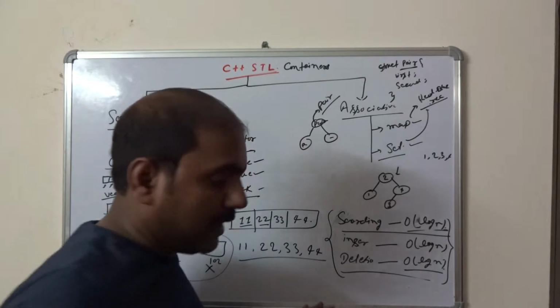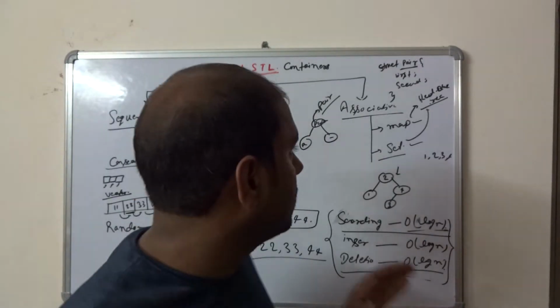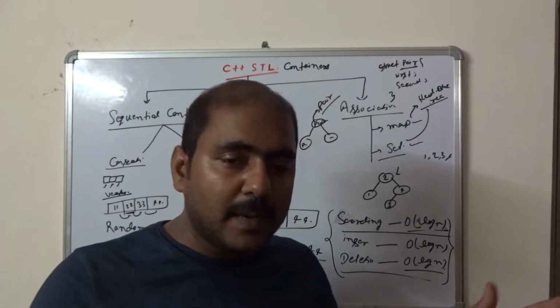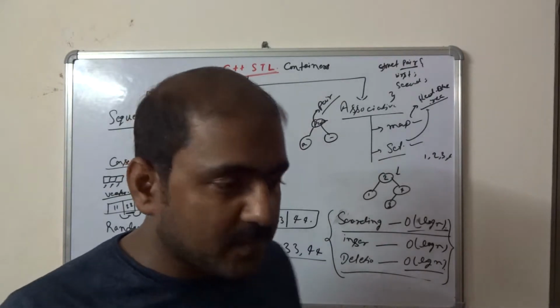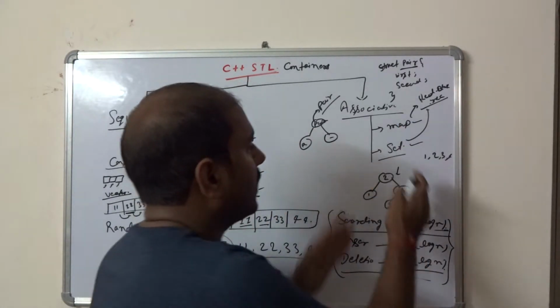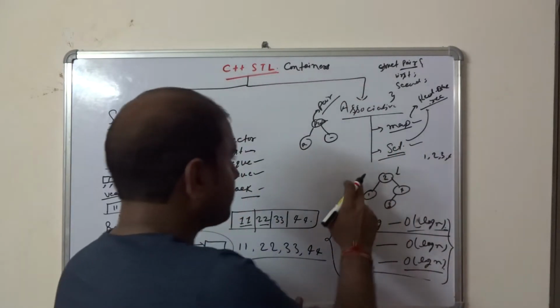This is also a pair. So in map, one thing you need to remember: key is always unique in a simple map. In multi-map, there could be more than one key. We will come to multi-map also, but right now we are discussing the simple map and simple set only.